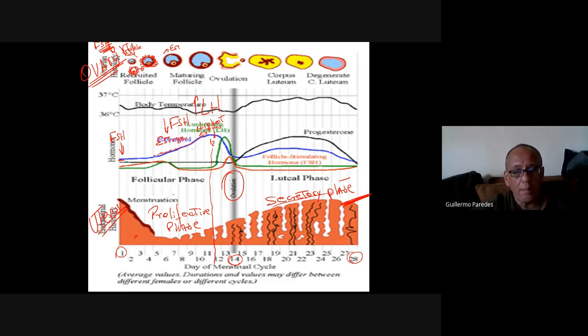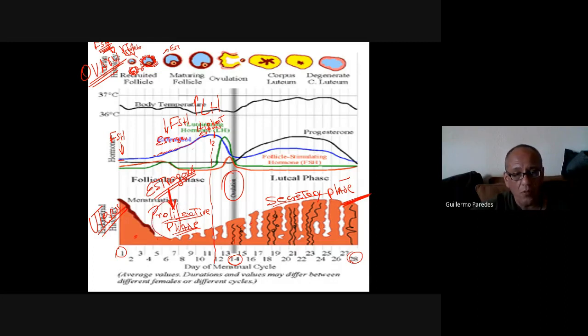So now the proliferative phase is going to be based on the levels of estrogens. So what is the estrogen doing? Question for the exam: estrogens cause the proliferative phase in the endometrium. And that means the proliferation of vessels. Okay?